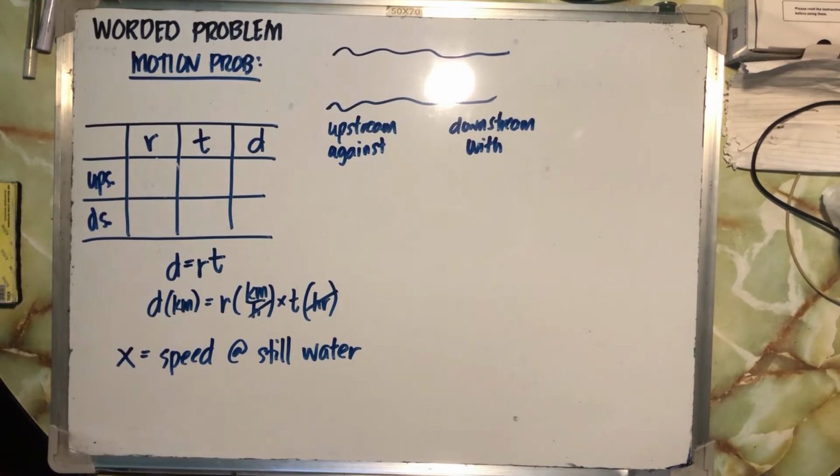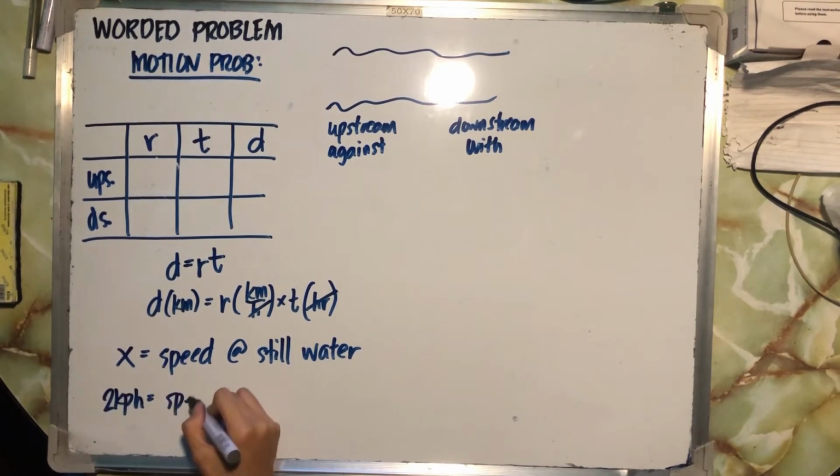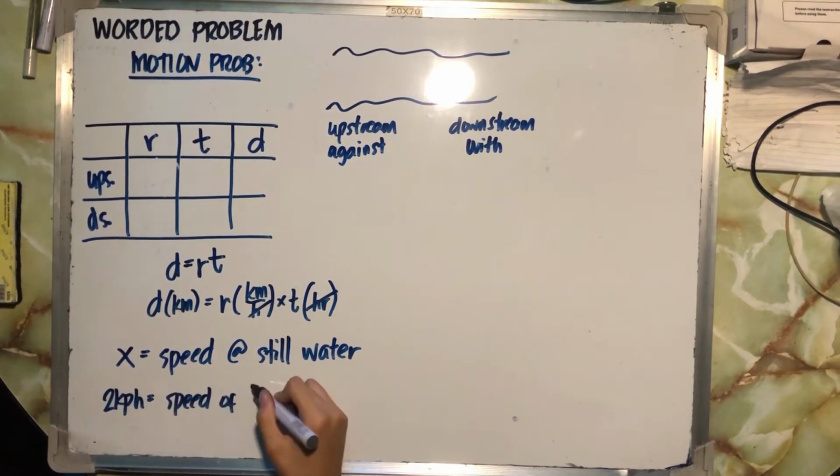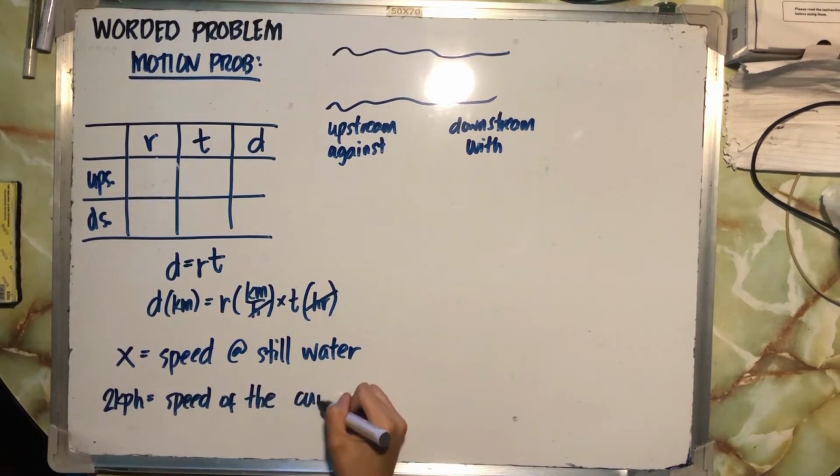So that is our still water. Ano yung binigay na isa? Ibigay siya dito ng 2 kilometers per hour. 2 kph naman is the speed of the current. Ibig sabihin, yung agos, ito yung speed ng agos. No? Yan yung push or pull na binibigay niya sa atin.